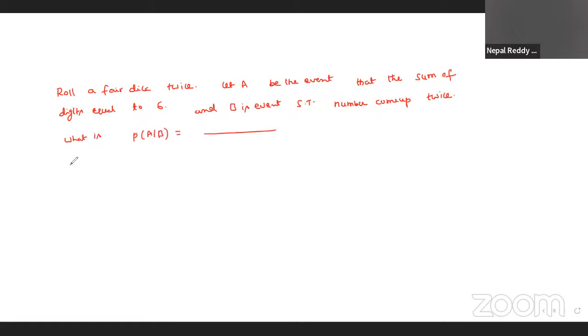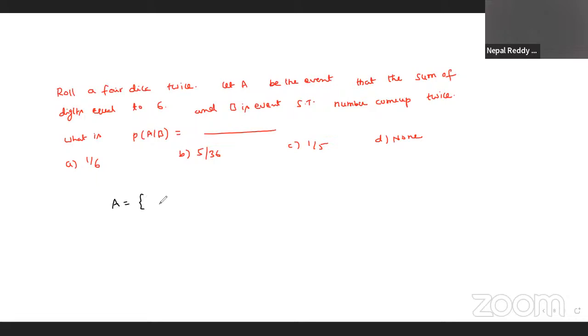This is the question. Options are given: 1 by 6, 5 by 36, 1 by 5, and none of these. Given that A is the event, the sum of those digits is 6.